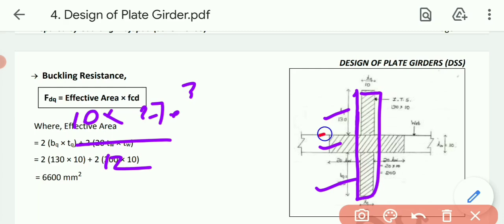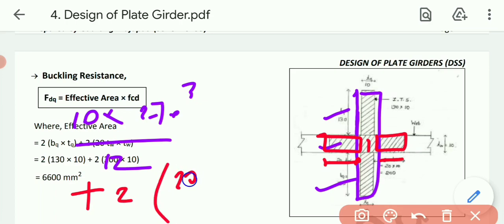And the horizontal one is this one. Now 20 times TW is from the center, but for design purposes we can directly take this much as 20 times TW. So 2 times 20 times TW means 200 into 10 cube by 12. That will be our moment of inertia.